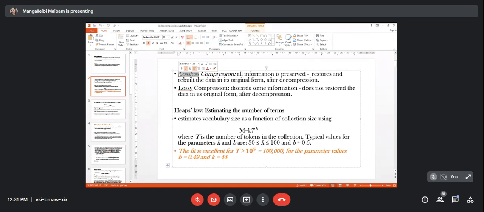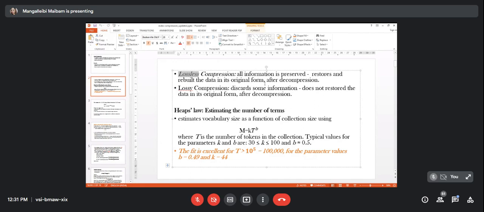Even after applying the compression technique, when we restore the data we get the original form.